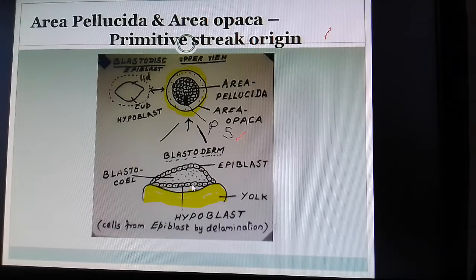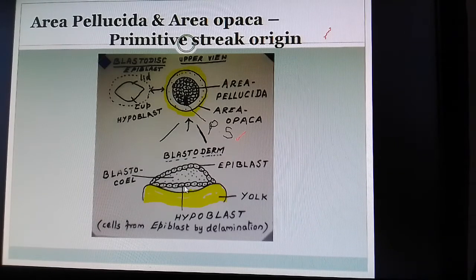So hypoblast is formed from the delamination of epiblast, and then between the two there comes the blastocele, that is the cavity. So with this idea you get into the process of gastrulation.